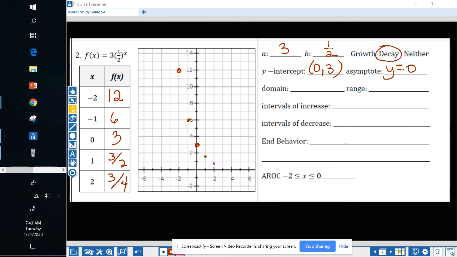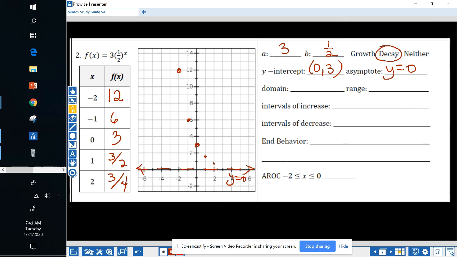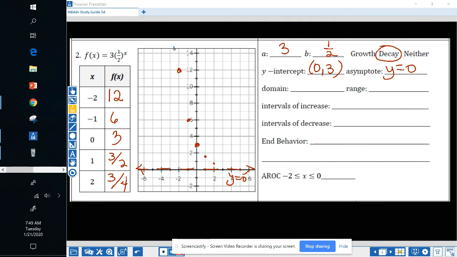Now let's sketch in the asymptote always and label it. So this time it is an exponential decay, getting closer and closer to the asymptote, but not touching. Domain, any x, we can have any value for x. Our range, it goes down to 0 without touching, and then goes forever up.